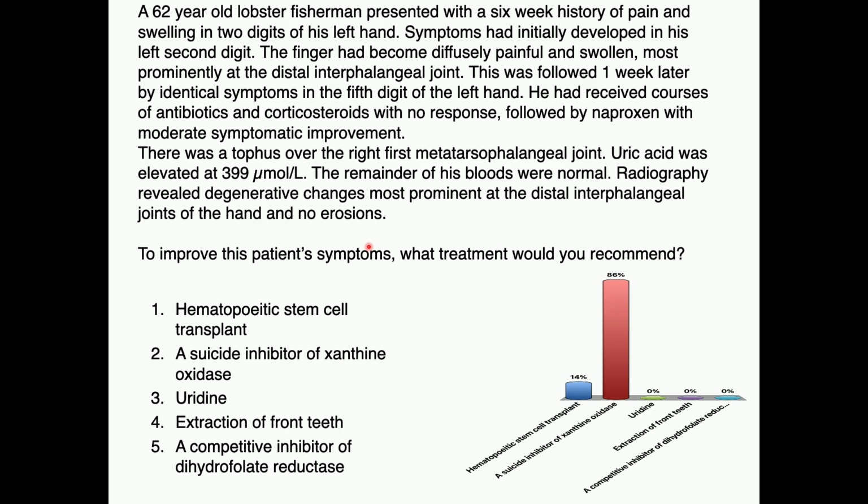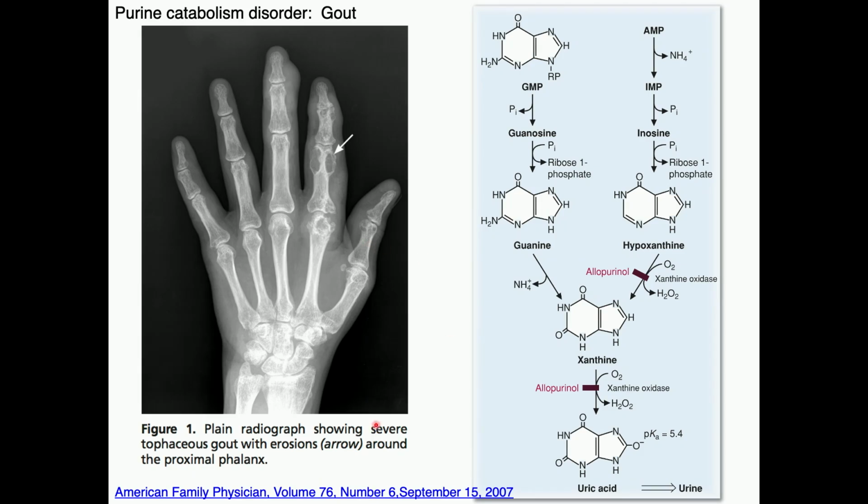Well, lobster fisherman is probably going to be putting his hands in cold water a lot, right? Because I think lobsters are mostly in like northern Atlantic, not the warm waters of the Mediterranean. So that cold water matters, because the solubility of this uric acid, whether it's a solid or soluble in urine or blood, is dependent on temperature.